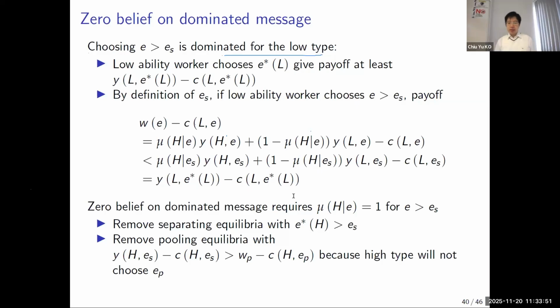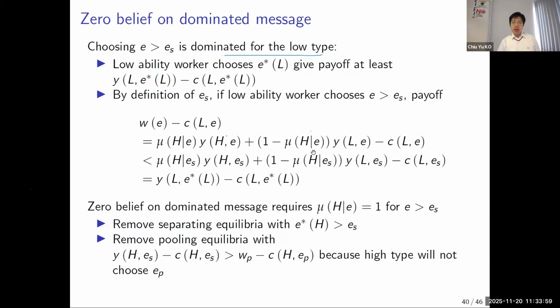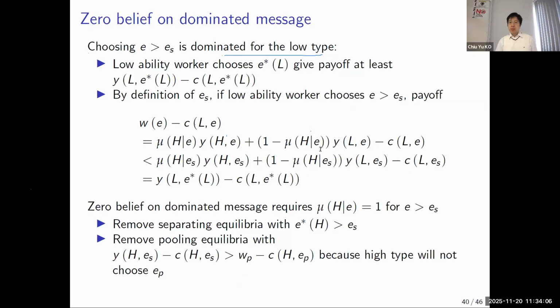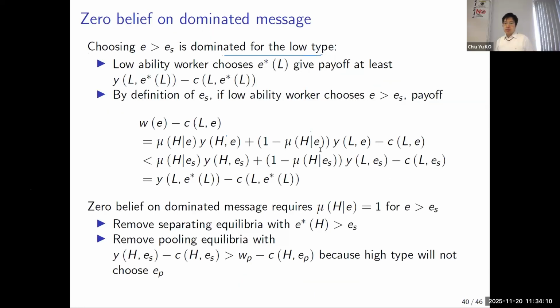So what does that mean? Let's see the picture. I guess that would be easier to see. Would the worker be able to send more than the thing that the high type would do?